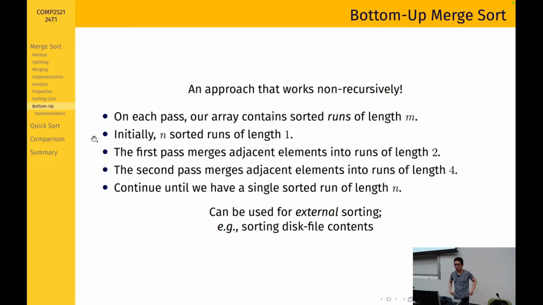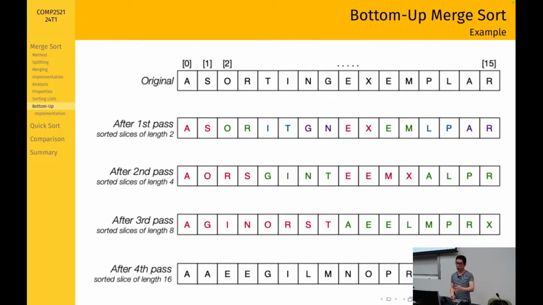This variant of merge sort is non-recursive. How it works is that the initial array is not sorted, but bottom-up merge sort treats this initial array as containing n sorted arrays of size 1. Let me show you the diagram of this. Here's the original array.